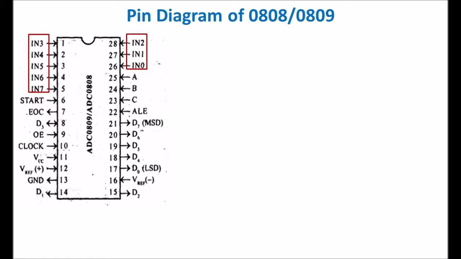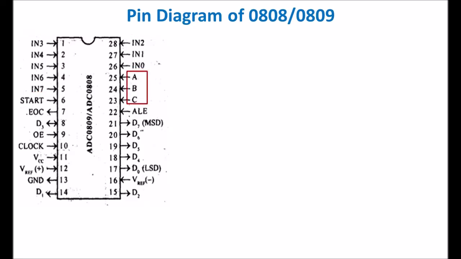These channels are internally multiplexed, so at a time the IC will select only input from one channel and convert it into digital. Now to select a particular channel, the IC has address lines.